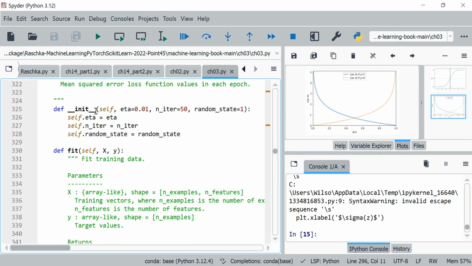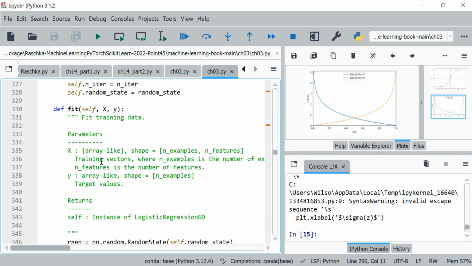Then for the initial function inside this class, we'll set learning rate, iteration, and the random state. Then the fit function is for the training. Here the input is feature X, the array shape is how many samples, observations for the row, and how many features for the column.